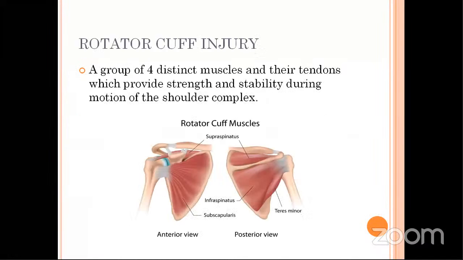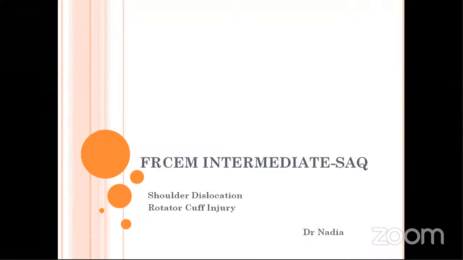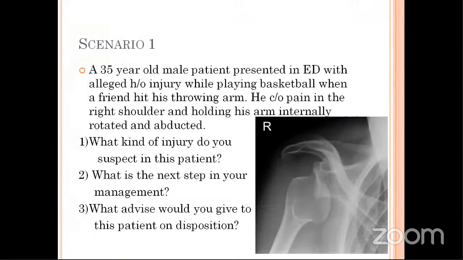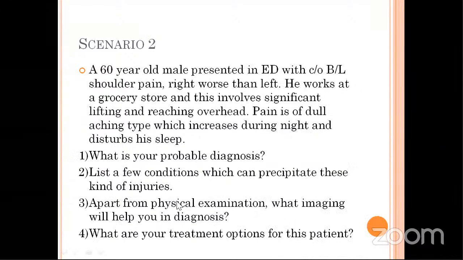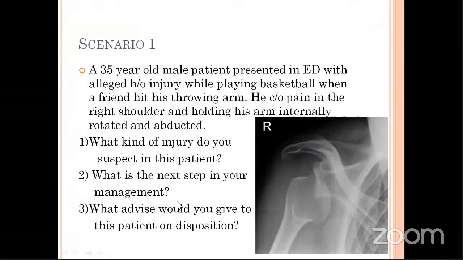So, coming back to the scenarios, the first scenario is a 35-year-old male patient presented in ED with history of injury while playing basketball. So, what kind of injury do you suspect in this patient? Can anyone answer? Anterior dislocation.